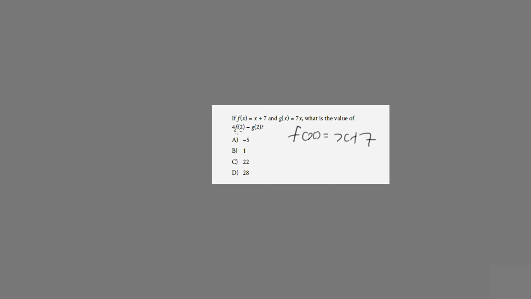That's the meaning of f of 2. It means that the value of x is 2. Where you see x in the function, you substitute with 2. So this gives us 2 plus 7, which gives us 9.